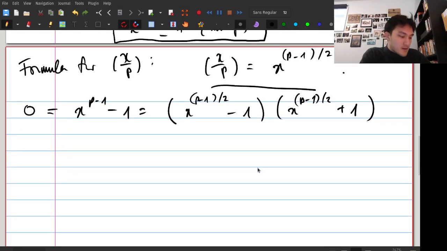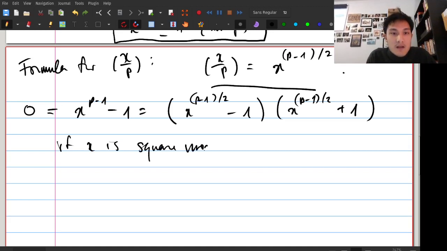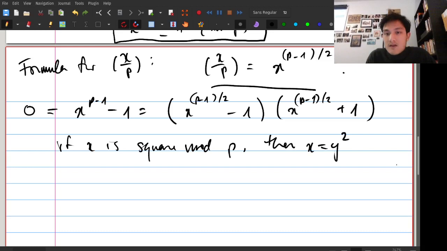Okay, so let's say x is a square mod p. Then x equals y squared. That's what being a square mod p is. And now we can put it in. So x^((p-1)/2) is equal to (y squared)^((p-1)/2).